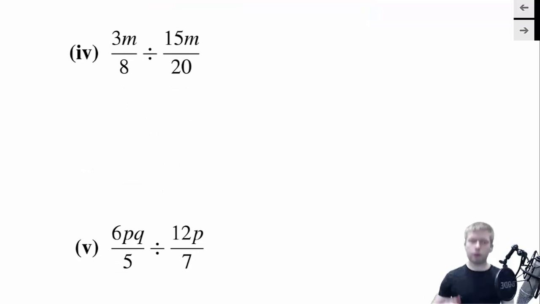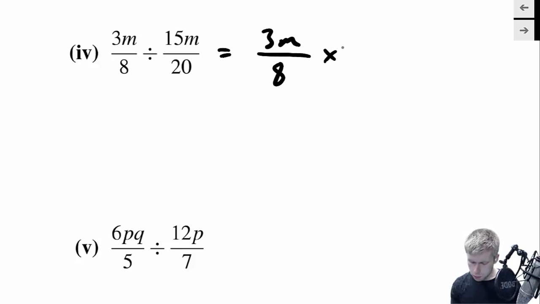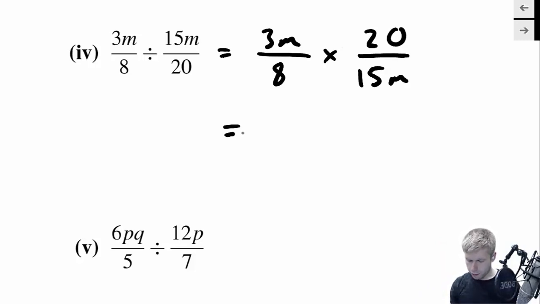Now, if I have a look at this one, remember when I divide fractions, I flip the second one upside down and I multiply. So it's like multiplying by the reciprocal. So I end up with 3m over 8 multiplied by, well, 15m over 20 flipped upside down makes 20 over 15m. And then if I simplify this, anything on the numerator can be cancelled with anything on the denominator.